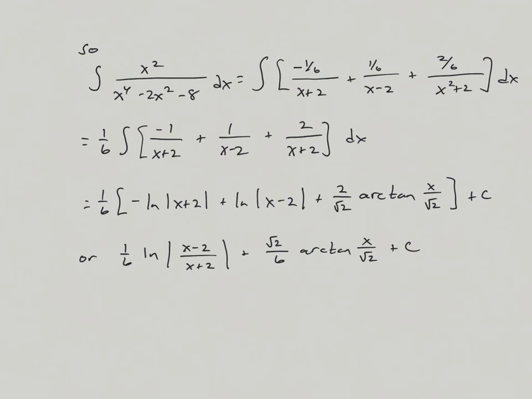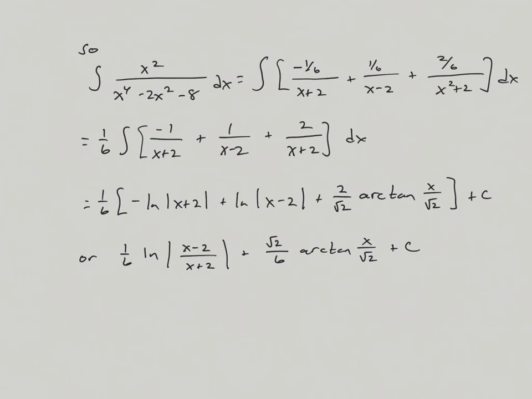Now what I did here, as I mentioned before, is make my life a little bit easier by pulling a factor of 1/6 out. So this is now 1/6 times the integral of negative 1 over x plus 2 plus 1 over x minus 2 plus 2 over x squared plus 2, and I'm integrating with respect to x.